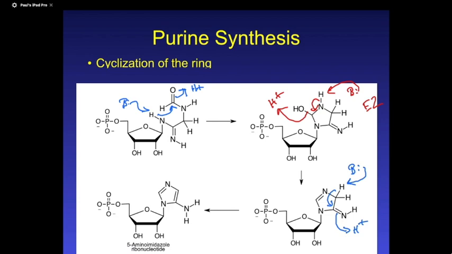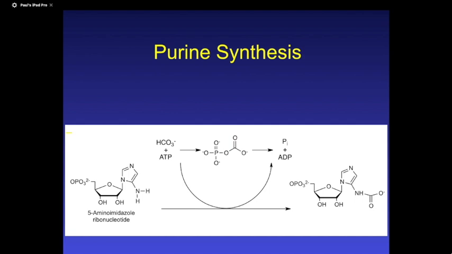All right, the one thing about it, purines are a double ring, and so I do not have one of the standard nucleotides that you would recognize. And so I've got to continue making the ring, and the next ring is going to be, I believe, a 6-membered ring. And so bicarbonate reacting with ATP will create an intermediate that has the bicarbonate ion that has a phosphate.